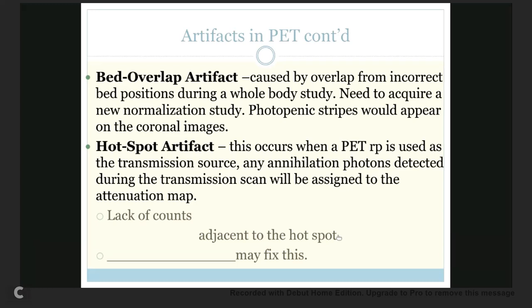And then you have what may fix this for your hotspot. What did I say? I said increase the time and change your filter.